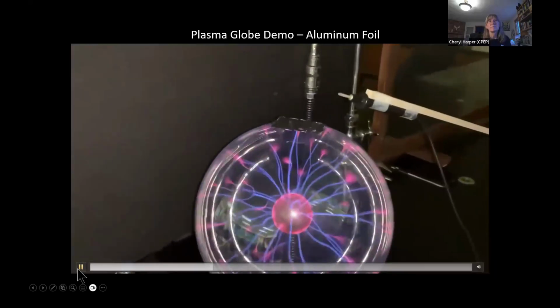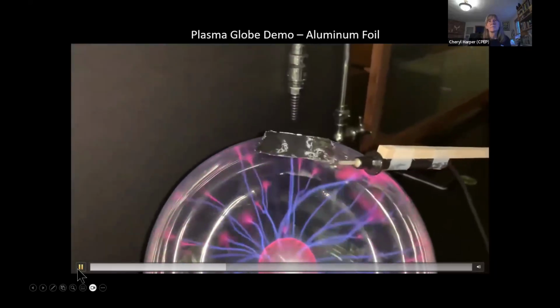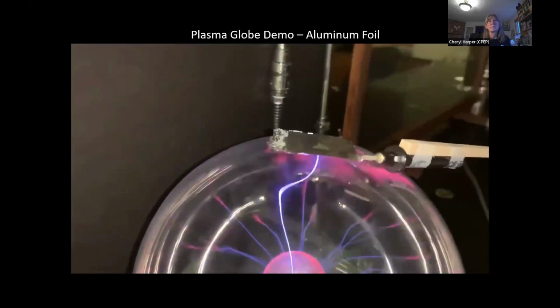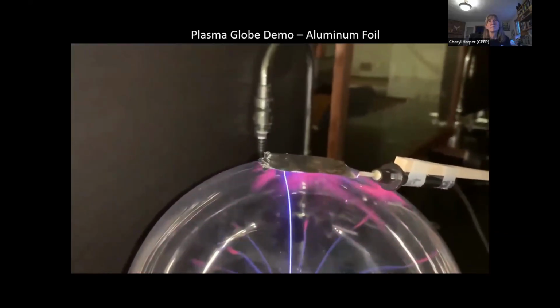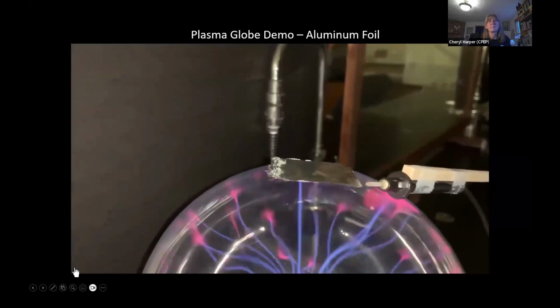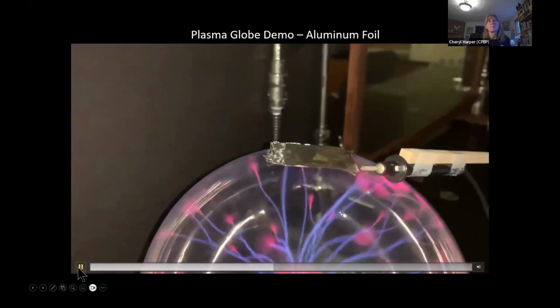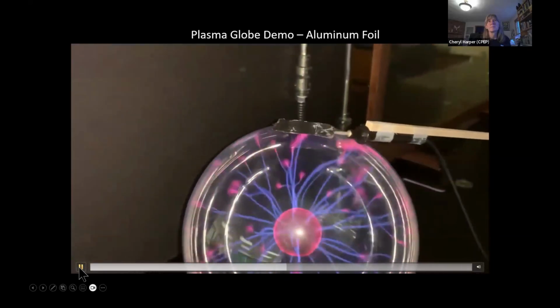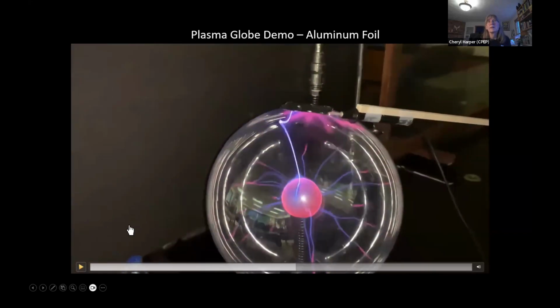When Jenna brings the probe very close to the aluminum foil, you can see a spark, and that's evidence of the electric field that is emanating beyond the glass. So you can see that there's a spark between these sides, just like it was with the capacitor.